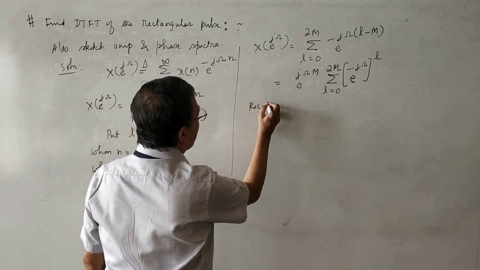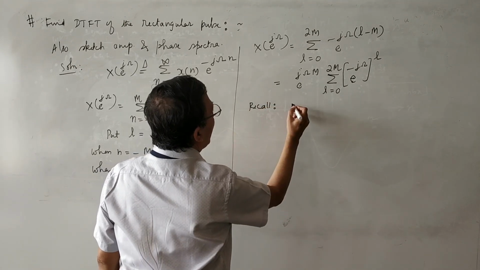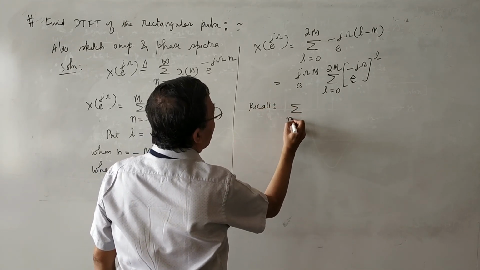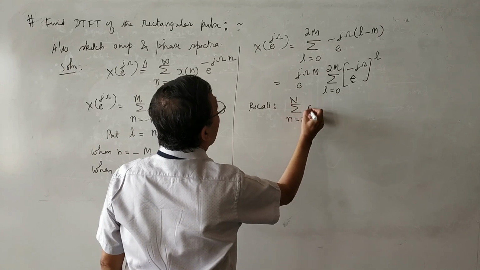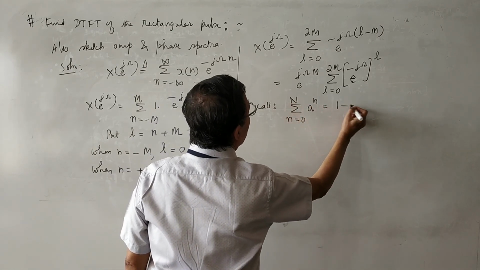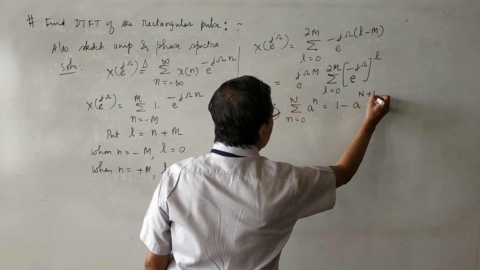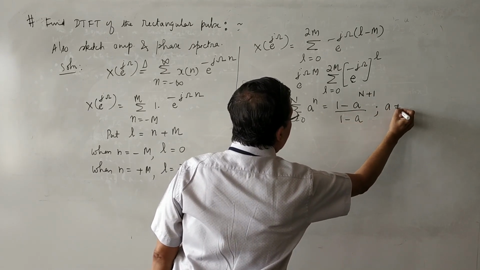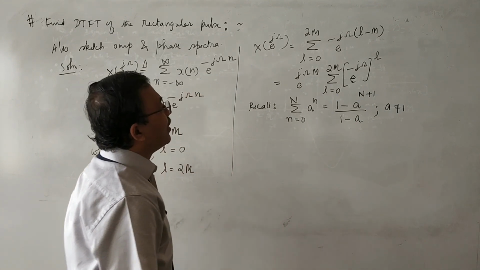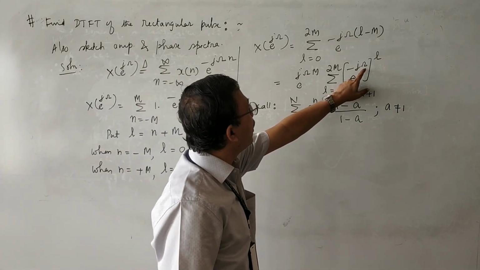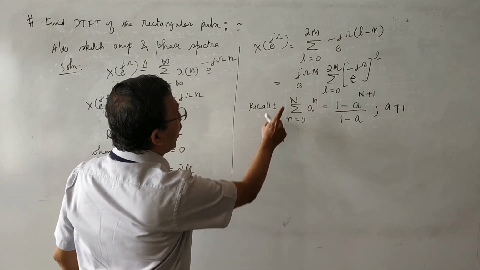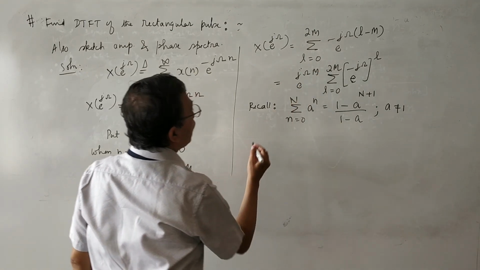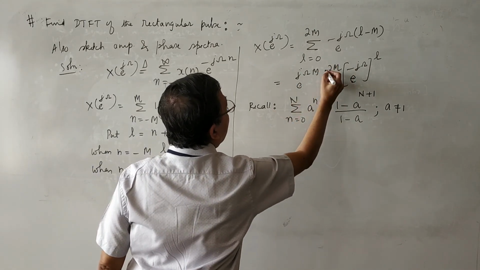Recall, important substitution: summation n is equal to 0 to N of a to the power n equals 1 minus a to the power N plus 1 divided by 1 minus a, for a not equal to 1. Here what is a? e to the power minus j omega. And what is capital N? 2m. We'll apply this formula to this summation.